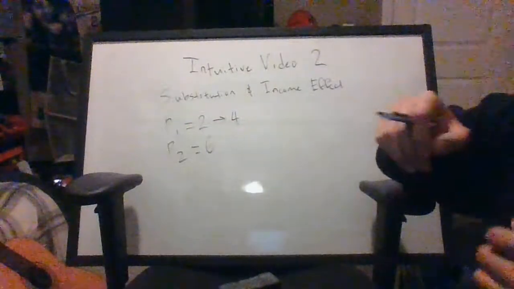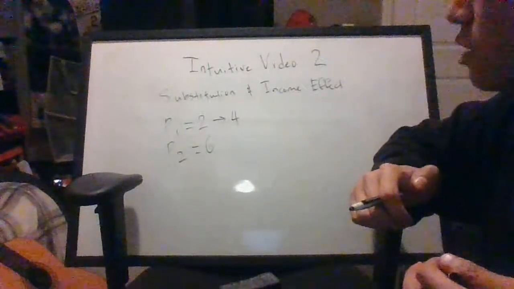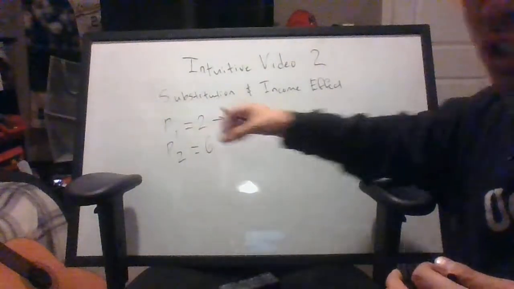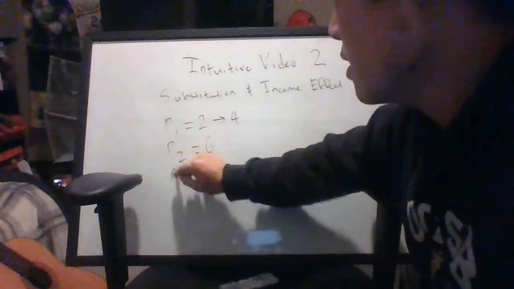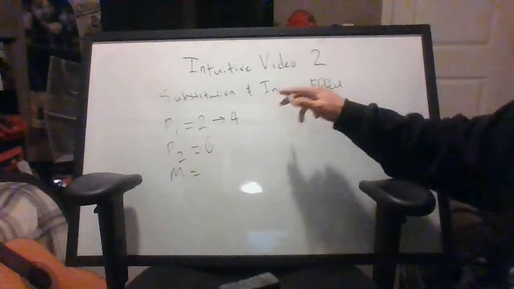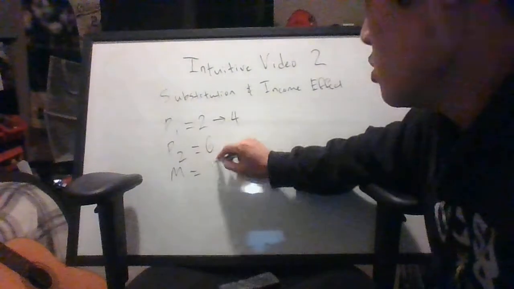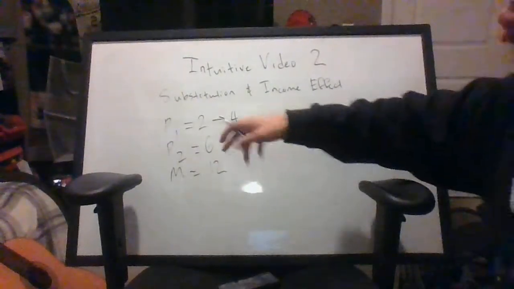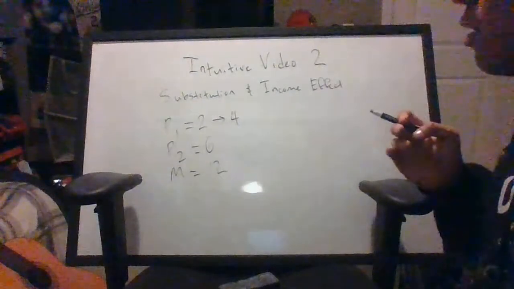We want to be able to track how we change our consumption based off of these price changes. But what you also want to be aware of is that there's an income effect going on. Say that our income was originally $12, we can no longer buy the same bundle that we had before, right?